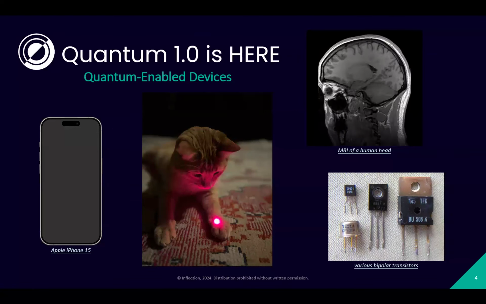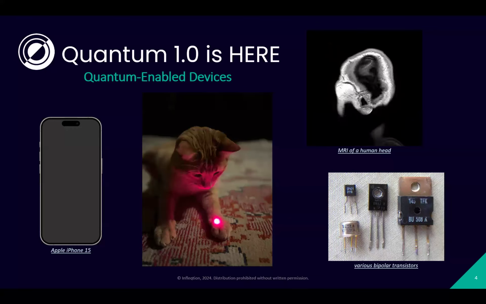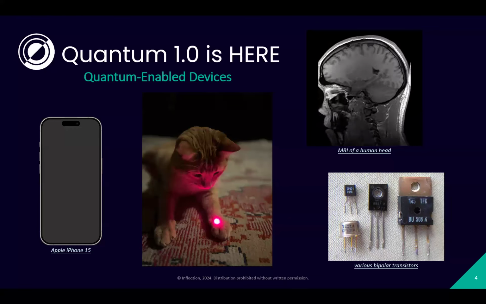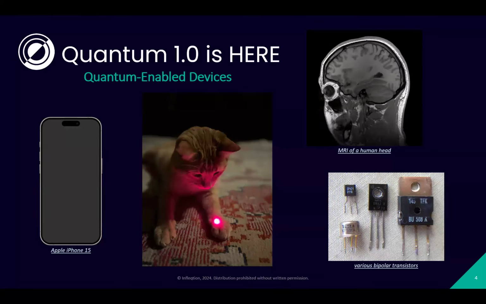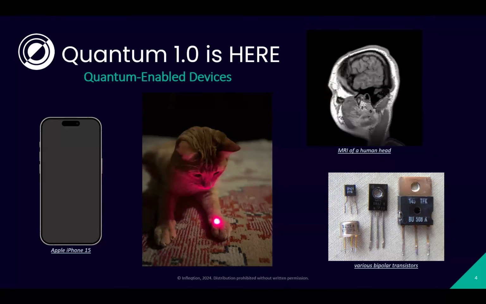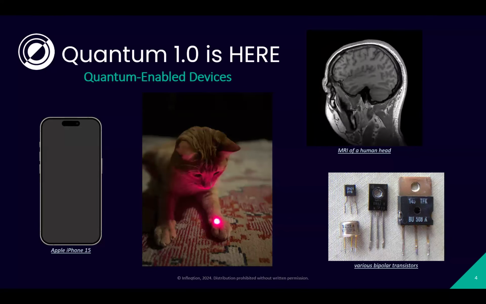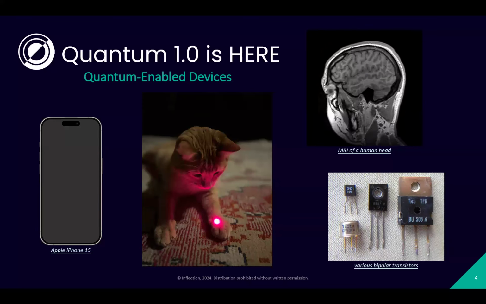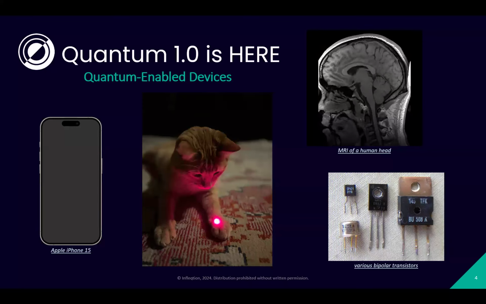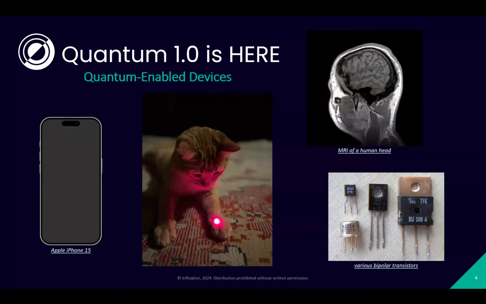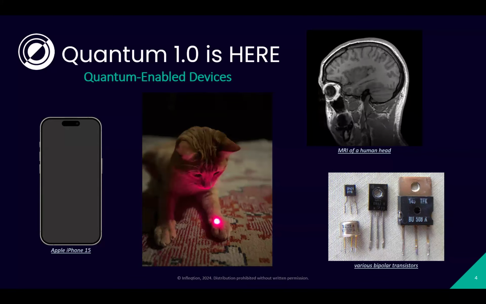Lasers themselves are Quantum 1.0. And then I added this just because I really like this animation of an MRI, which a lot of people might not know actually is a quantum-enabled device. It's based off of a physical phenomenon of nuclear magnetic resonance, which is a union of quantum mechanics and classical electrodynamics.